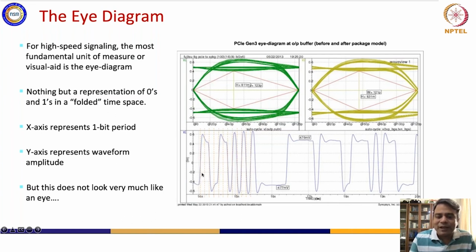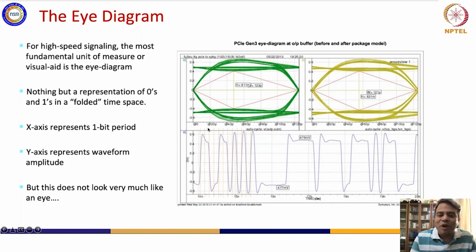Every 0 and 1 has a bit period. The period of this bit is nothing but the reciprocal of the frequency. So if you're transmitting data at 25 gigahertz, the bit period is a certain number of nanoseconds.